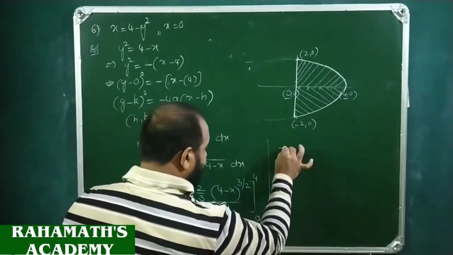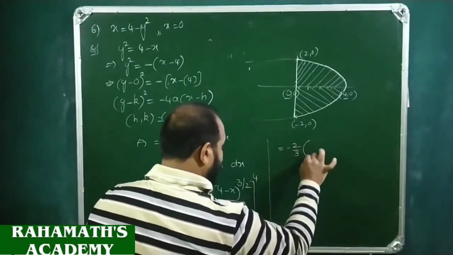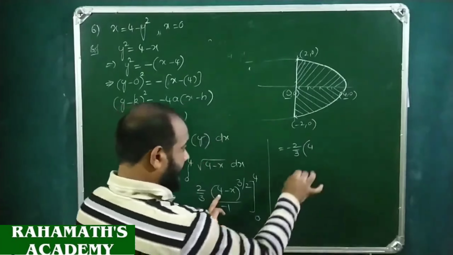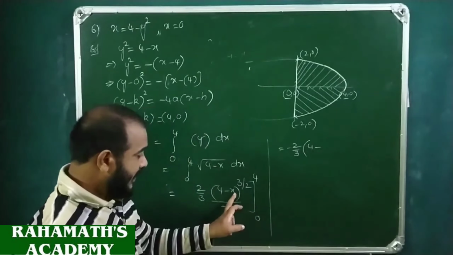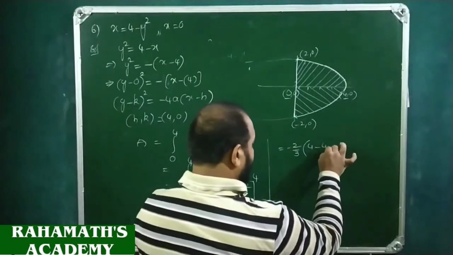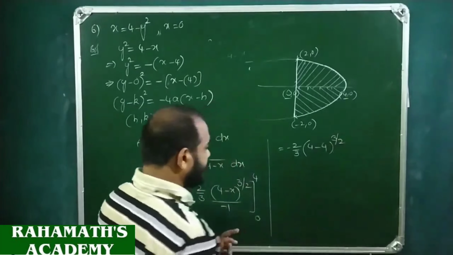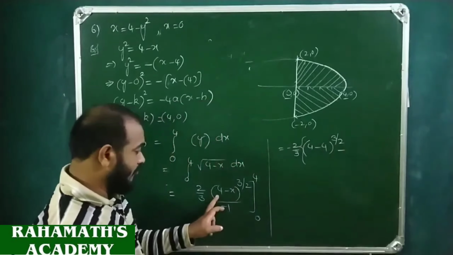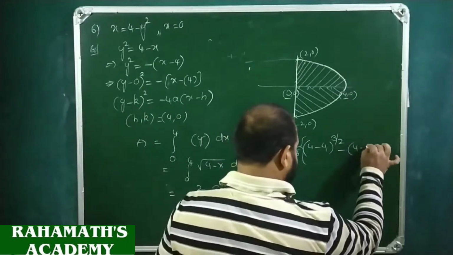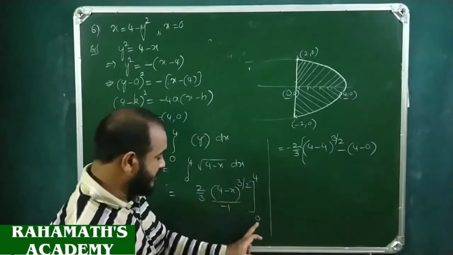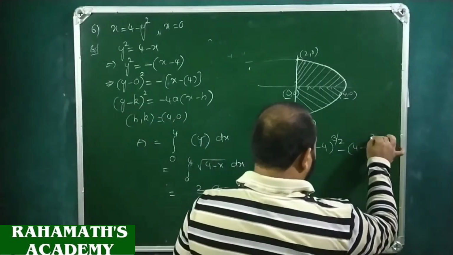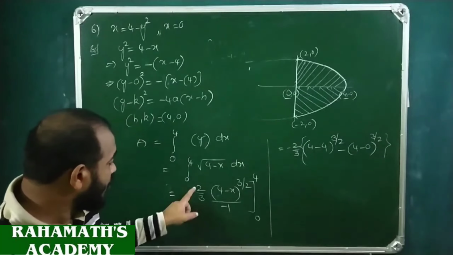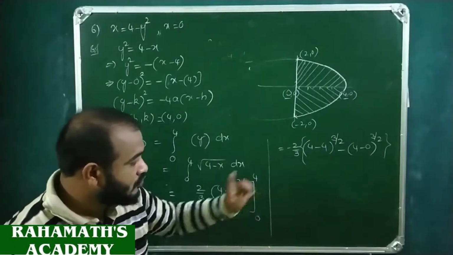Here minus 2 by 3, 4 minus x whole power 3 by 2. This is upper limit minus lower limit, 4 minus 0 whole power 3 by 2. So here 2 by 3 into minus 1, so minus 2 by 3.